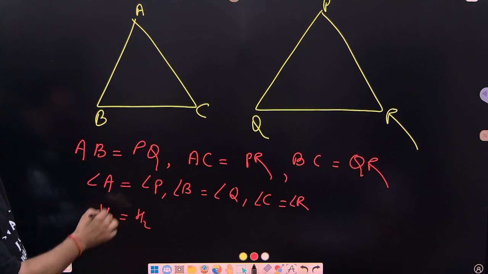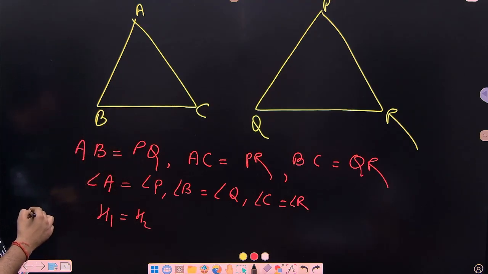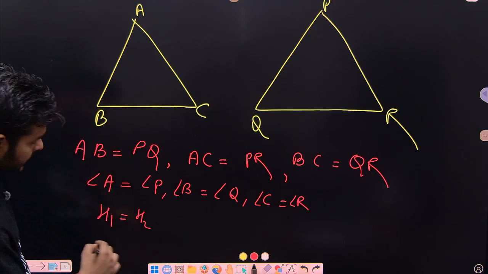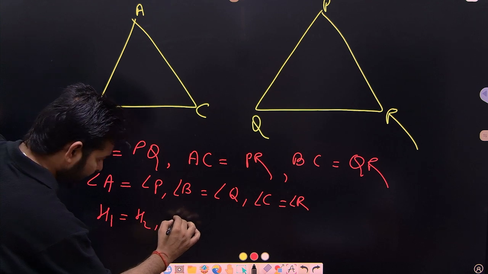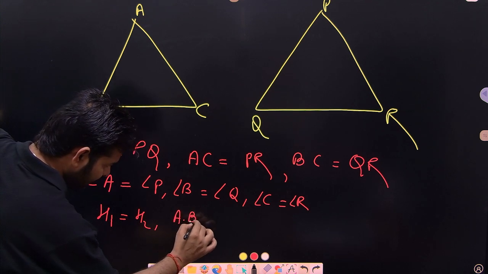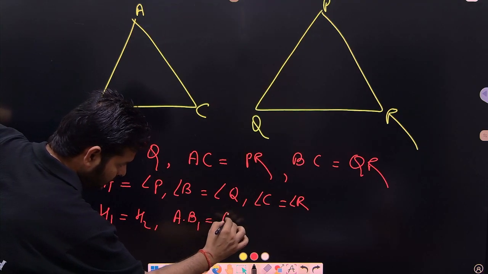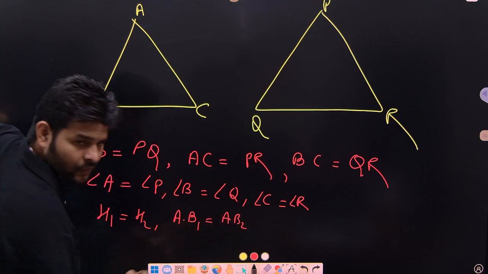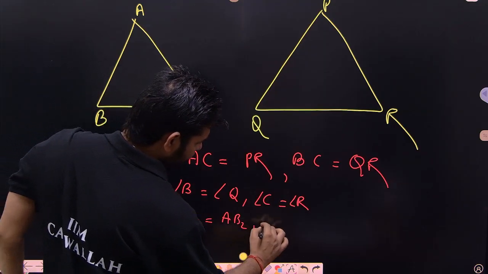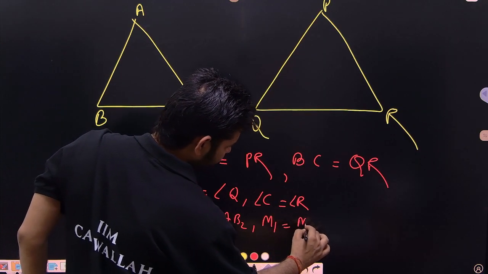H1 is the height of the first triangle and H2 the height of the second triangle. Angle bisector B1 would be equal to angle bisector B2. M1, the median of the first, would be equal to the median of the second.